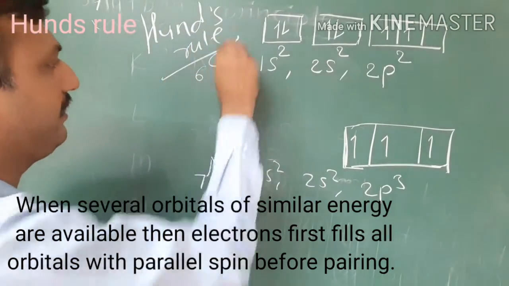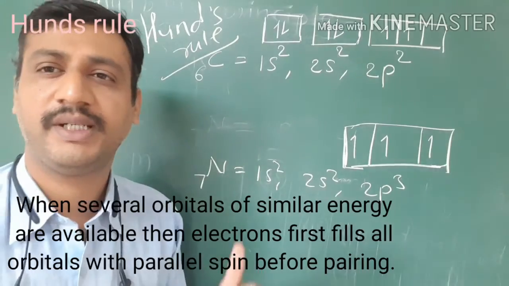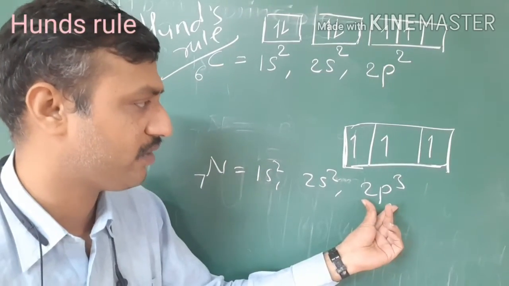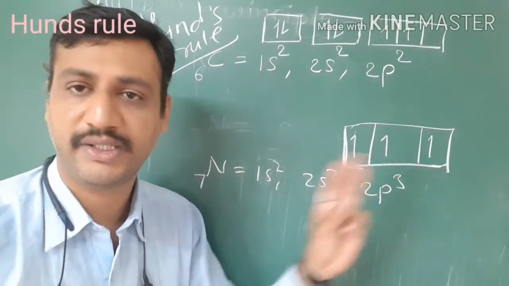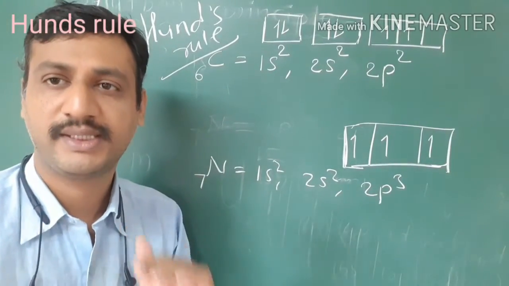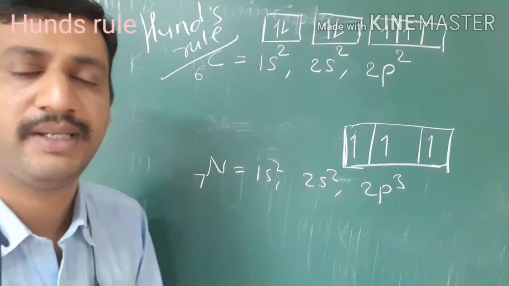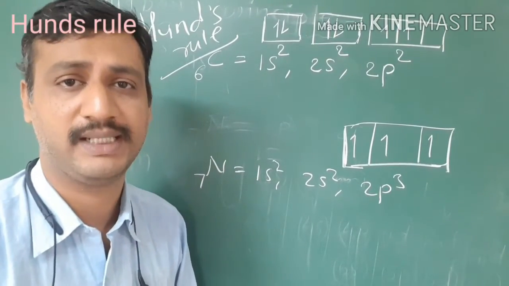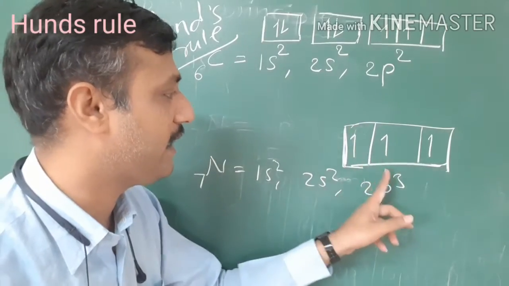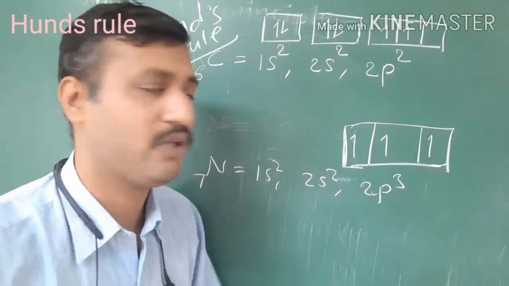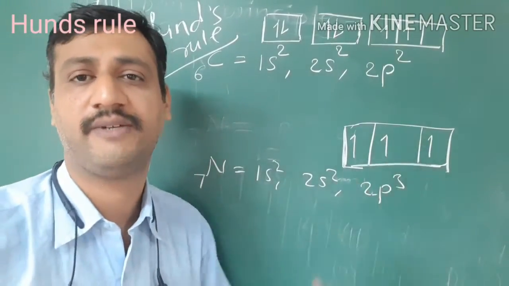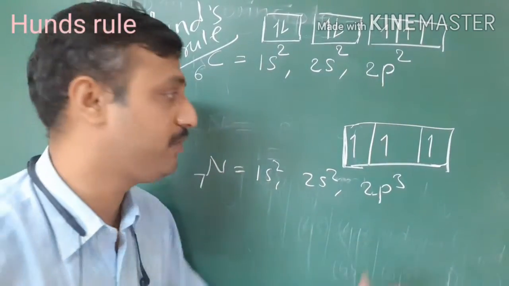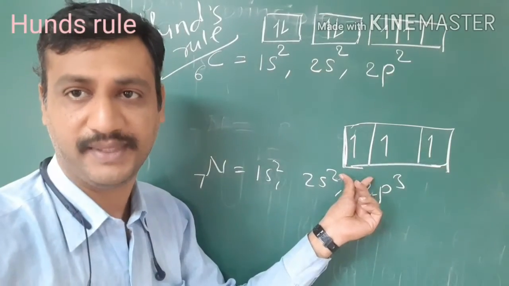It states that when several orbitals of similar energy are available, here for these 3 electrons, px, py and pz, 3 orbitals are available. Then the electrons first fill all the orbitals with parallel spin. So this is an electron with parallel spin, another with parallel spin, another with parallel spin. In this way the electrons get filled, before pairing. Suppose a 4th electron is to be filled, then the pairing will occur, isn't it?